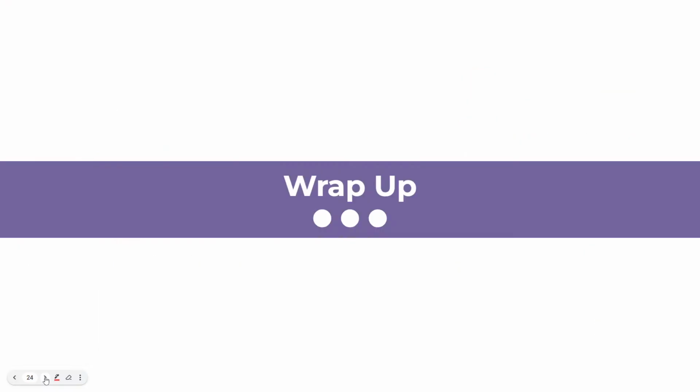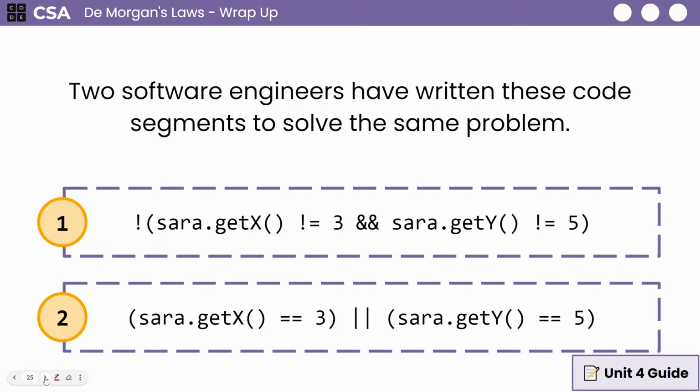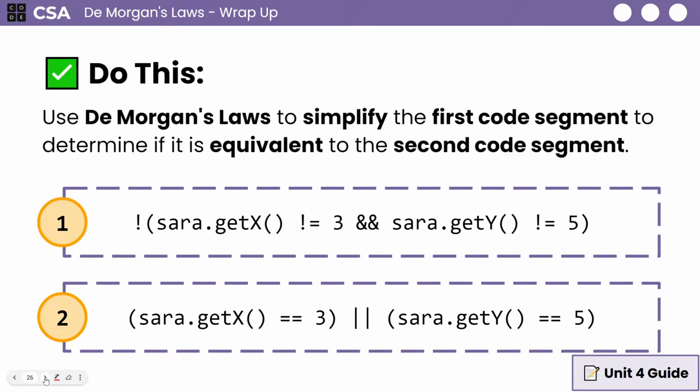Right. Okay. So, 2 software engineers have written these code segments to solve the same problem. This is very common in computer science where you're going to have 2 different approaches to the same thing. You can have one programmer who thinks one way and a different programmer who thinks in a different way. So go ahead and see if you can figure out which one of these might be a little better.